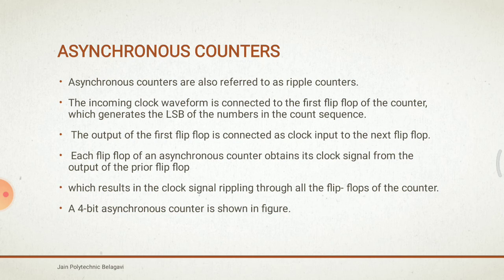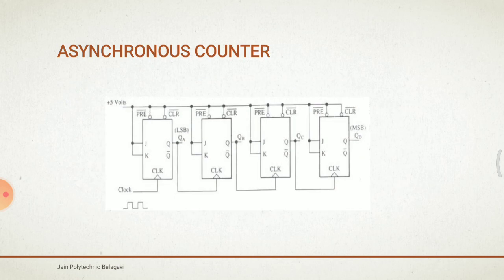Each flip-flop of an asynchronous counter obtains its clock signal from the output of the prior flip-flop, which results in the clock signal rippling through all the flip-flops of the counter. A 4-bit asynchronous counter is shown in the figure. You can see the circuit diagram.